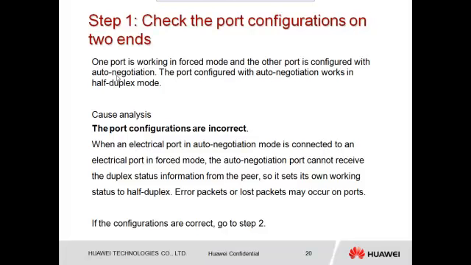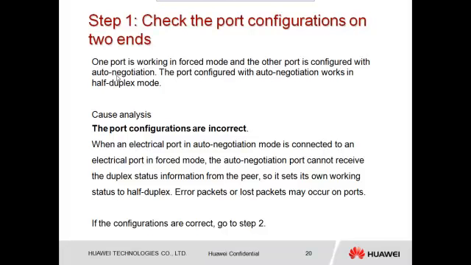If one port is working in force mode and the other port is configured with auto negotiation, the port configured with auto negotiation works in half-duplex mode. The port configurations are incorrect when an electrical port in auto negotiation mode is connected to an electrical port in forced mode. The auto negotiation port cannot receive the duplex status information from the peer.